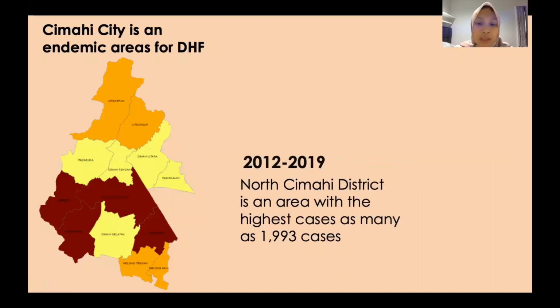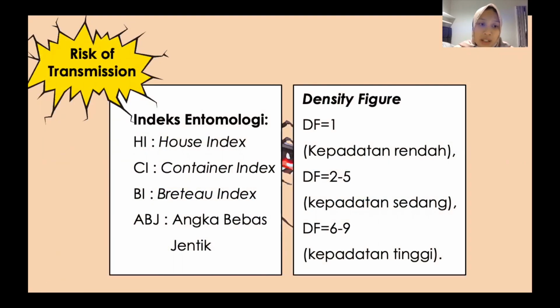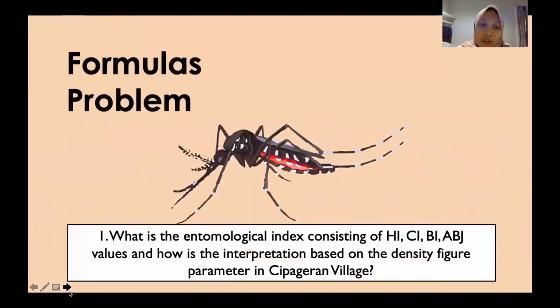In CIMAHI district is an area with the highest case as many as 1,993. This is the risk of transmission that we can find by the entomology index compared to density factor. These are our problem formulas.